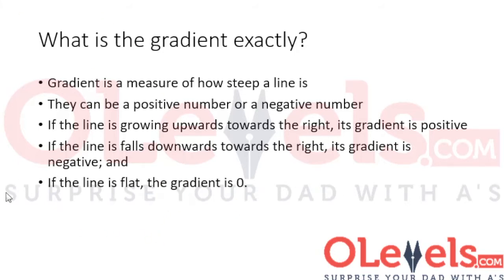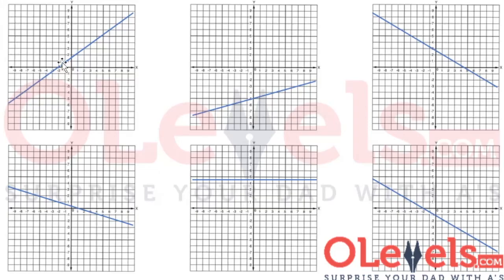Now let's look at a few examples. We see that this line is quite steep, and as it moves right, it is increasing. So the gradient of this line must be positive. This line, although not as steep as the first line, still grows upwards as we move towards the right.